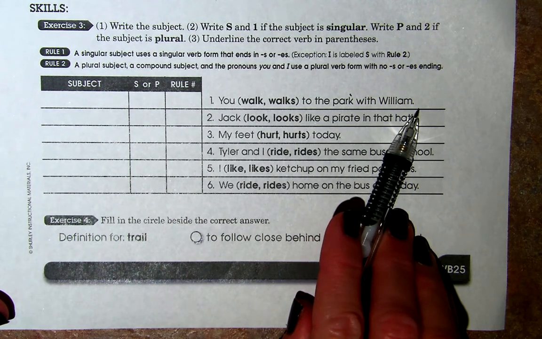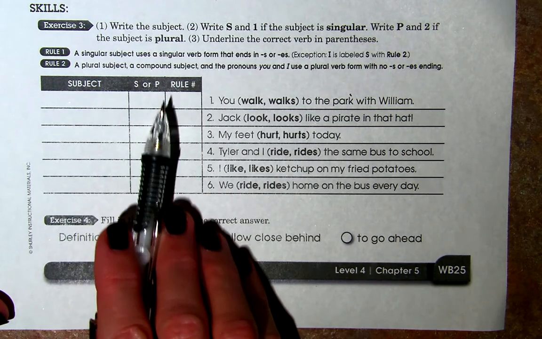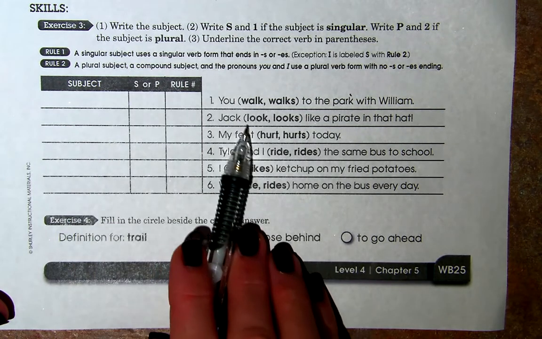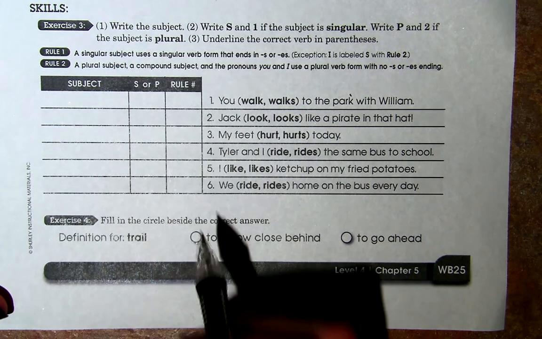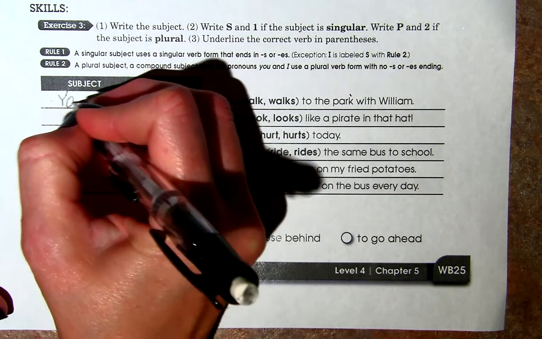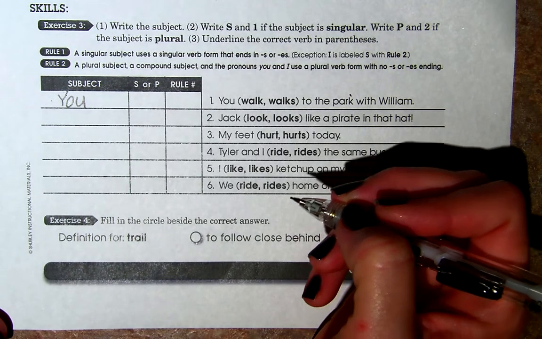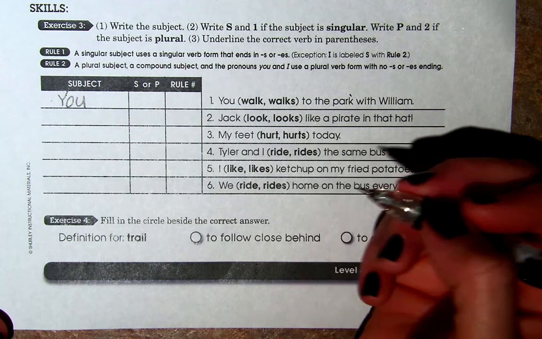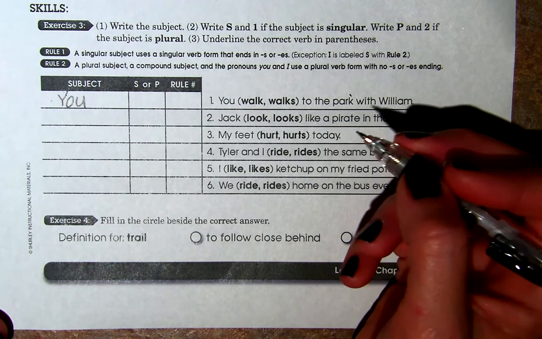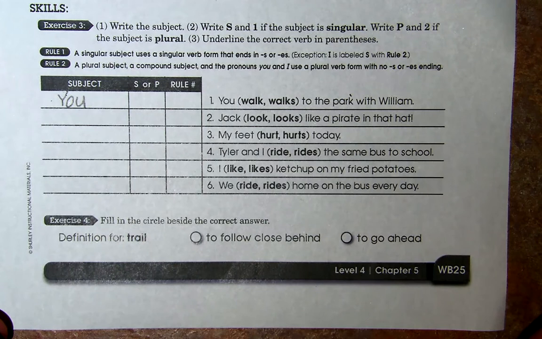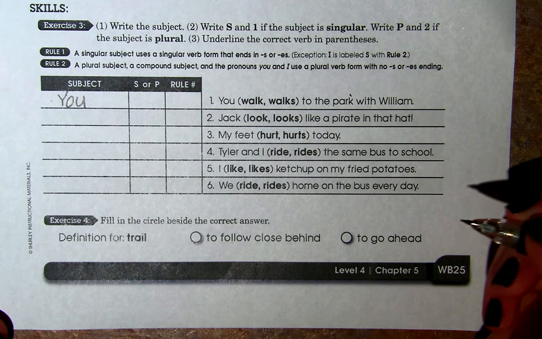All right, so let's first look at the subject. It says write the subject. The subject of sentence number 1 right here is you. Is you singular or plural? Now, probably in this sentence, it is talking to one person. However, you is an exception. It is always considered a plural when considering which verb to use.